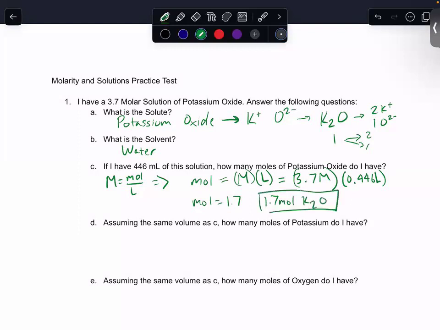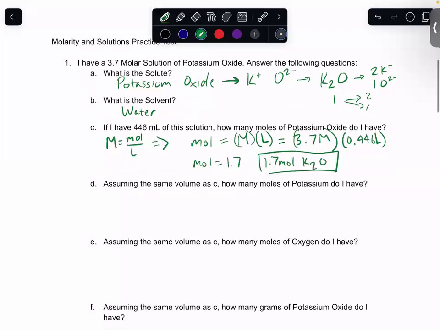All right, part D, assuming the same volume as C, how many moles of potassium do I have? Well, there are two ways we can do this. First way is recognizing that it's a 2-to-1 ratio, so we can just double it. 1.7 mole times 2 is equal to 3.4 mole K+. And that's an answer.